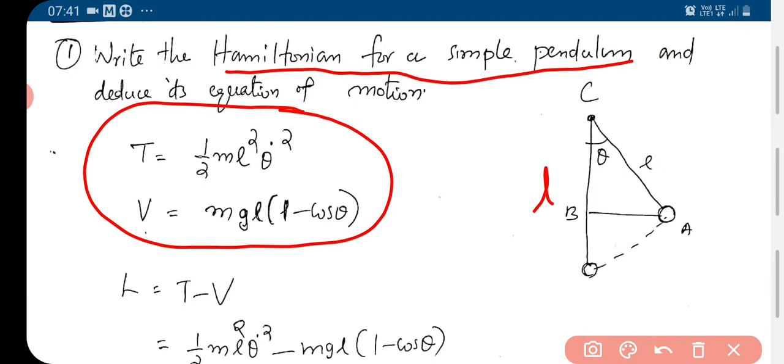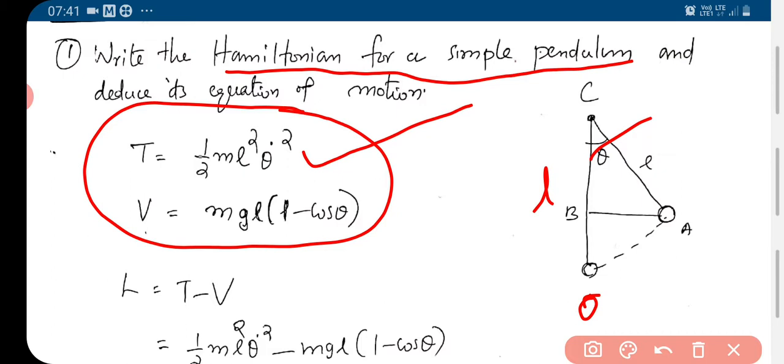Okay, the pendulum is swinging. This is the equilibrium position. It's swinging and it is at the position A at some instant, and this angle is theta. We have already seen the kinetic energy can be written T equal to half m L square theta dot square.